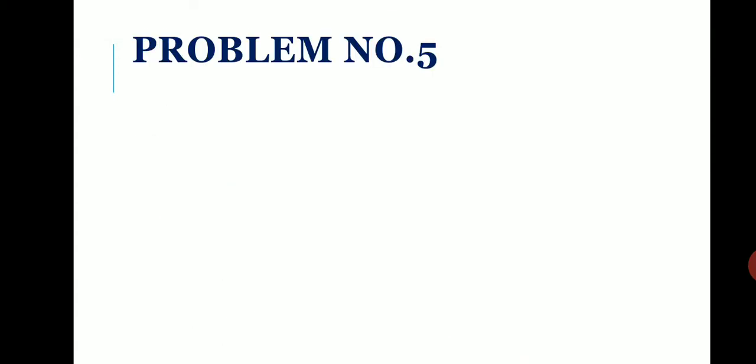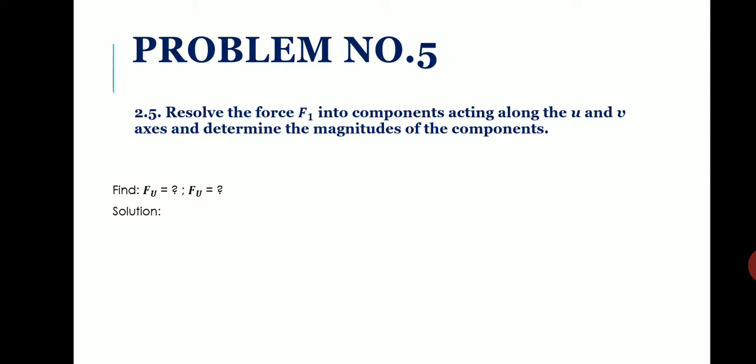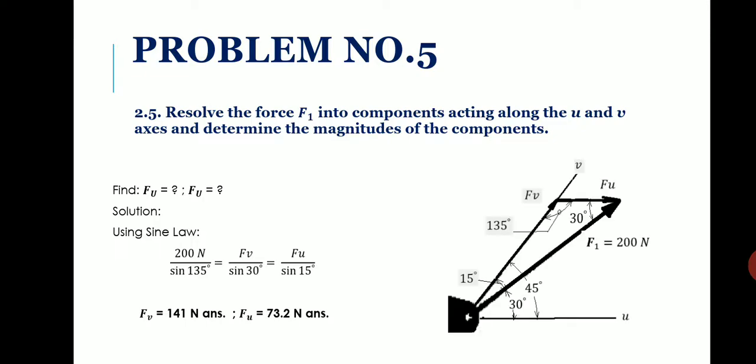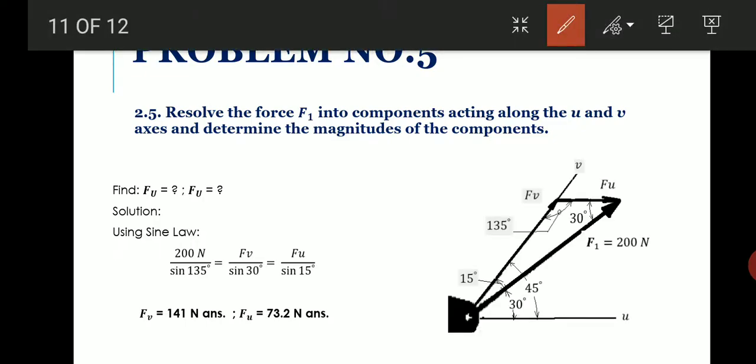we will solve the problem number 5. So the solution here, using sine law, since all the angles are given and we have to find the force at V axis and U axis. So using sine law, we have a given 200 Newton, which has an opposite angle of 135.